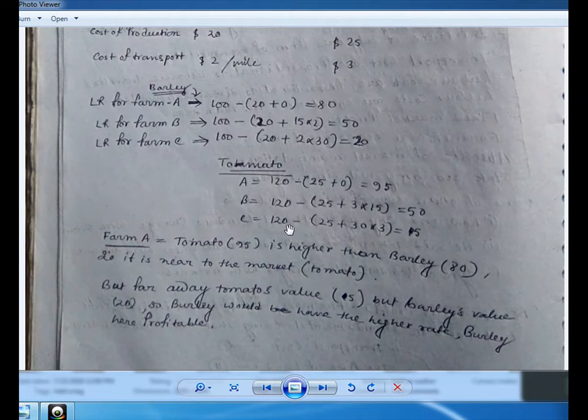And the locational rent of C is 120 minus 25 minus 30 into 3, which equals 5.